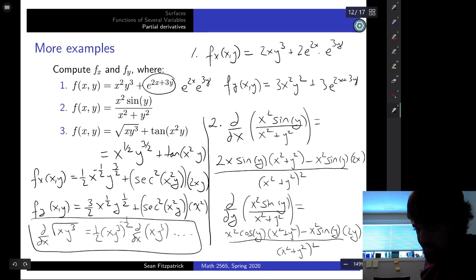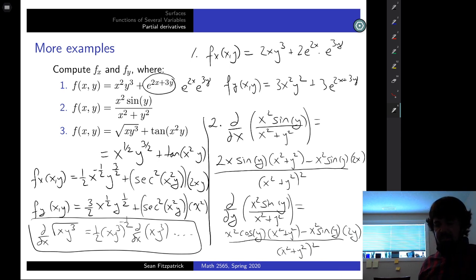You can still do it that way. It's just annoying. It's much easier, if you have roots like that, to sort of use laws of exponents to simplify first, if you can, right?